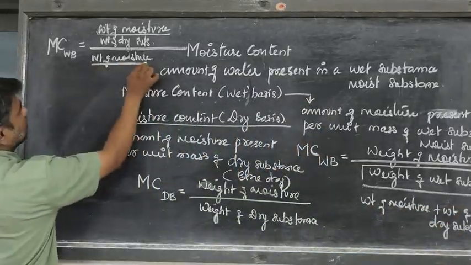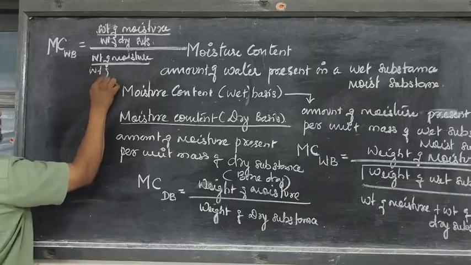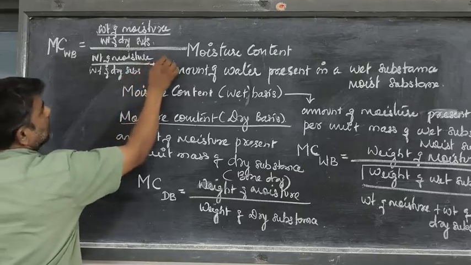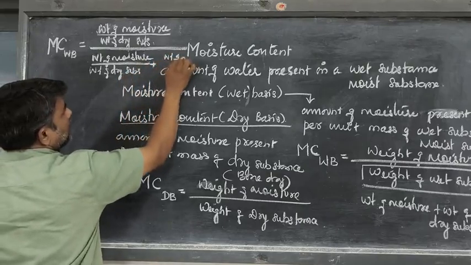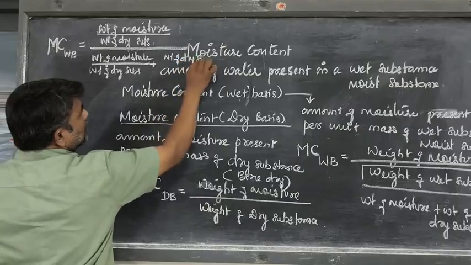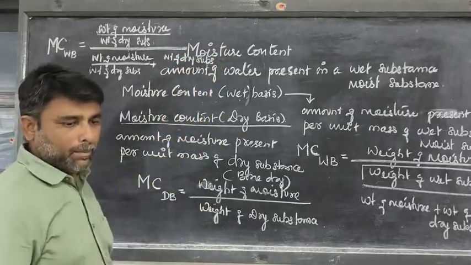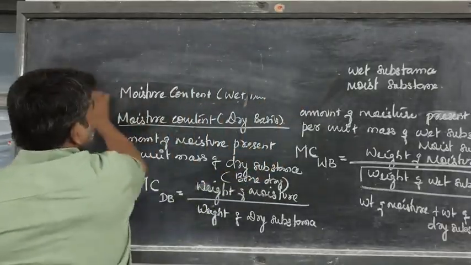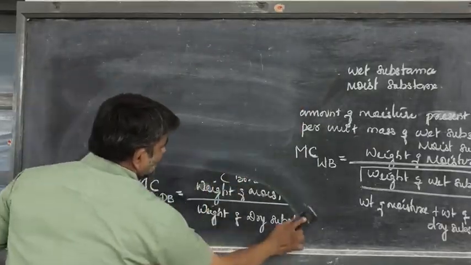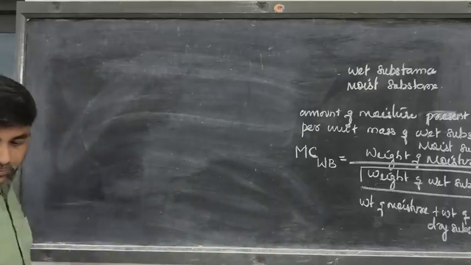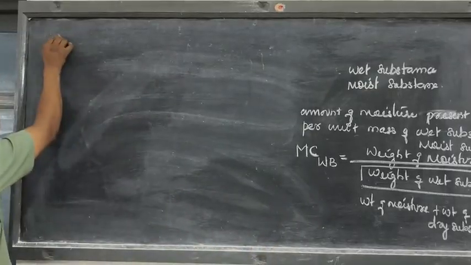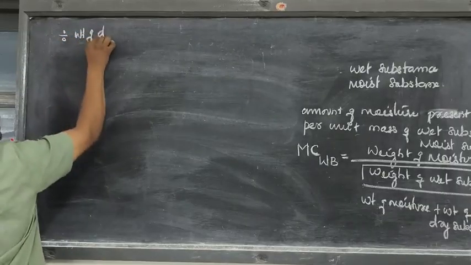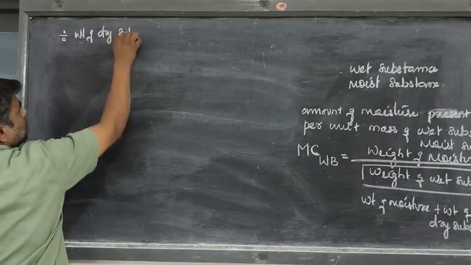So weight of moisture divided by weight of dry substance plus weight of dry substance divided by weight of dry substance.